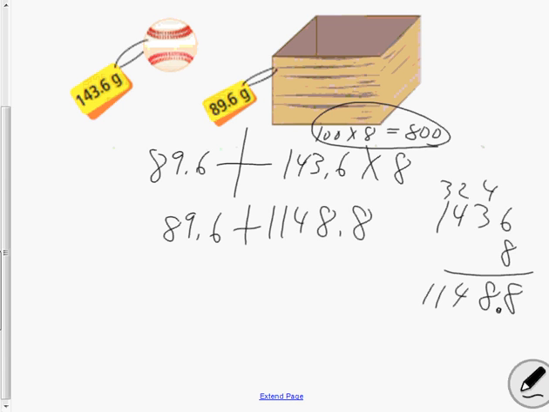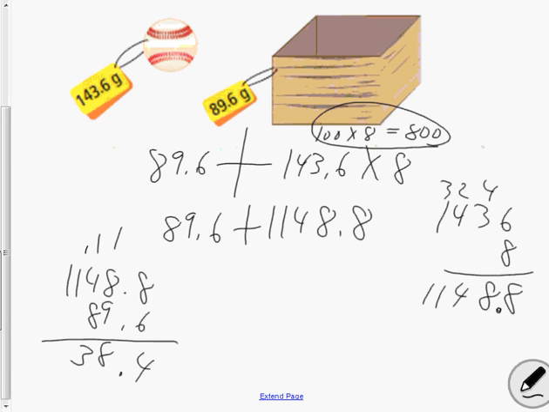Now that I'm adding them together, I got to line up my decimals and add them up. And finally, I think that's the correct answer.